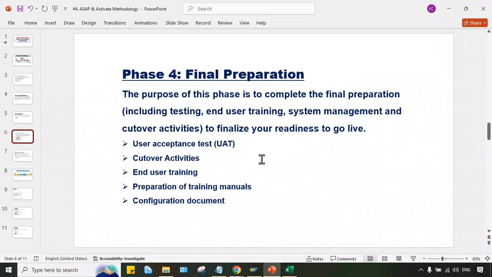If you need any information, you need to discuss with the core team member and this person will provide the information. So we can invite the core team member for this user acceptance test. He or she will perform it, and if they are satisfied with the testing, they have to accept it, that this one is fine.